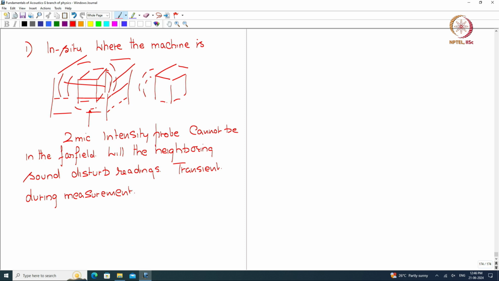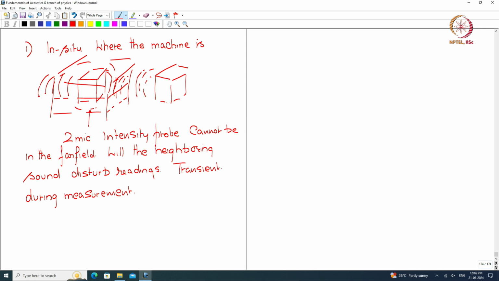the sound that is being made by the neighboring machine enters the grid and also exits the grid.